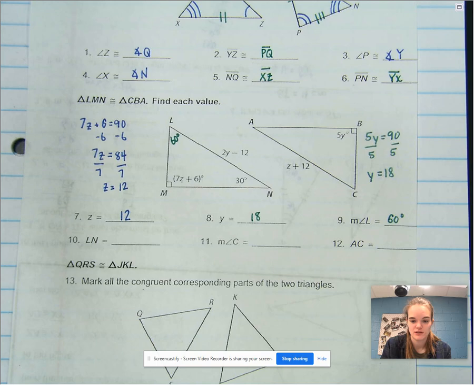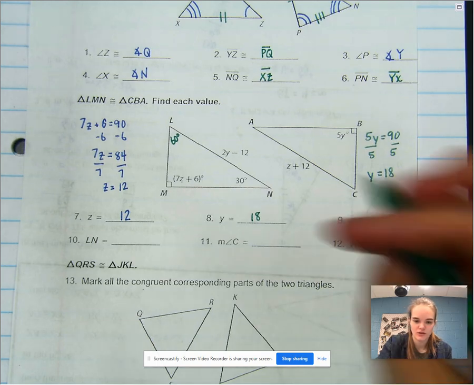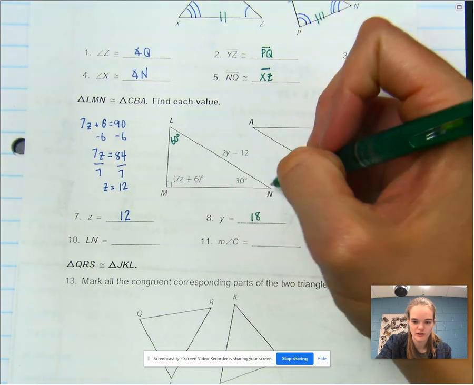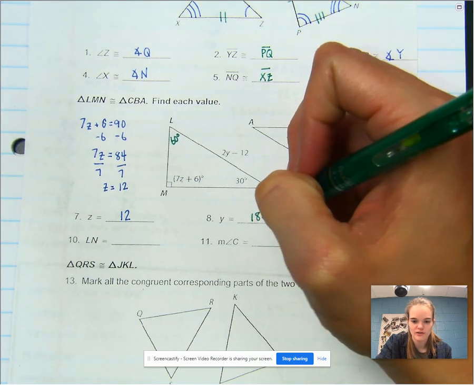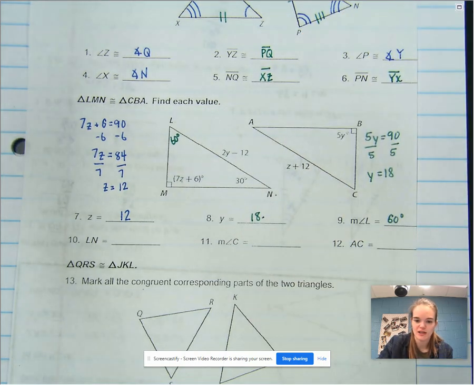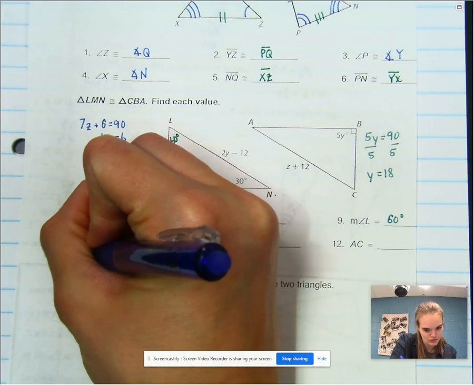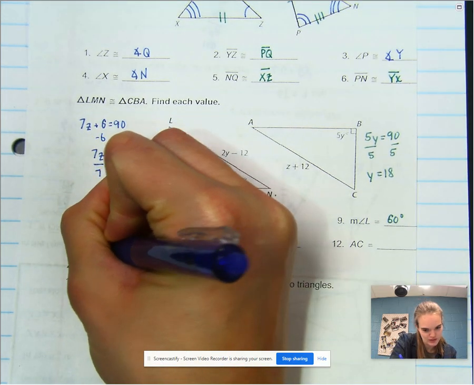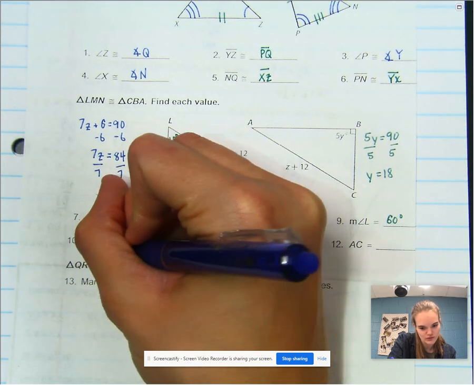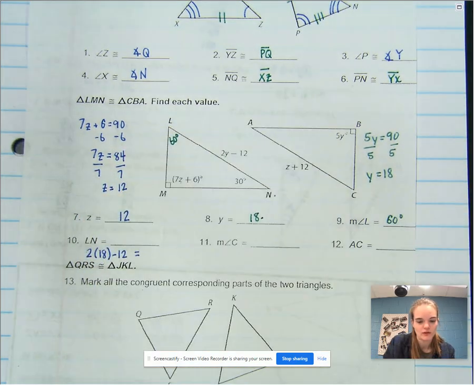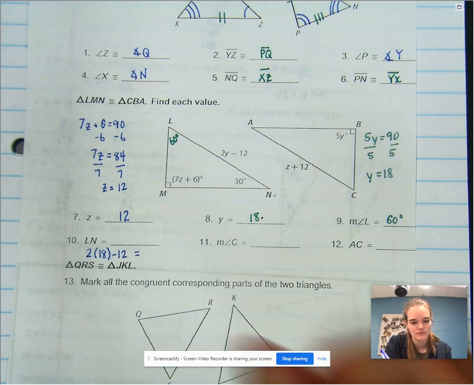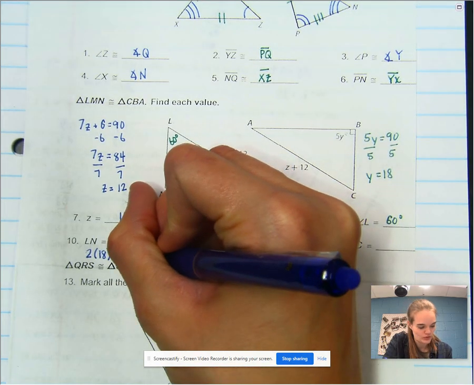LN. Okay. LN is right here. We already know Y is 18. So to find LN, we are going to do 2 times 18 minus 12. 2 times 18 is 36. 36 minus 12 is 24.